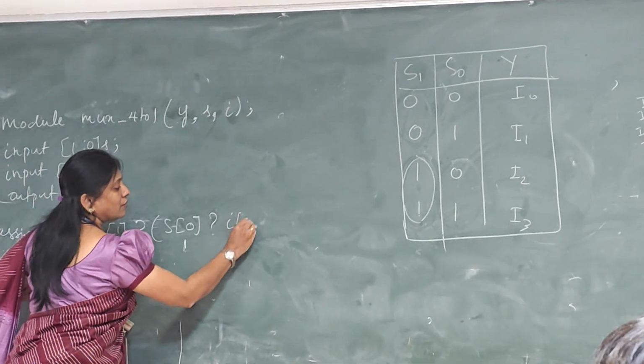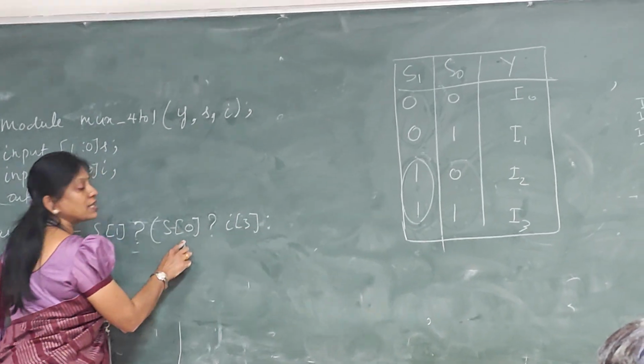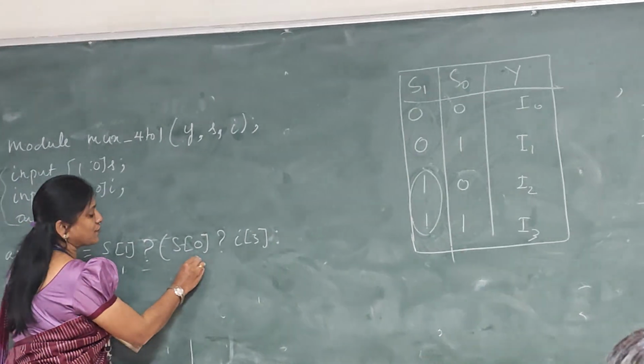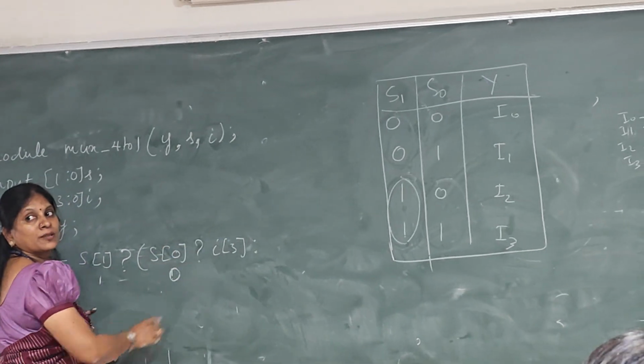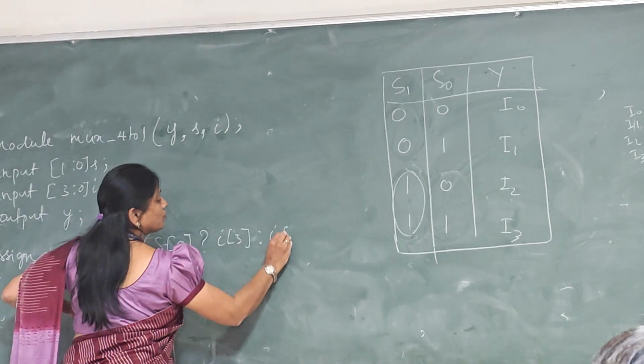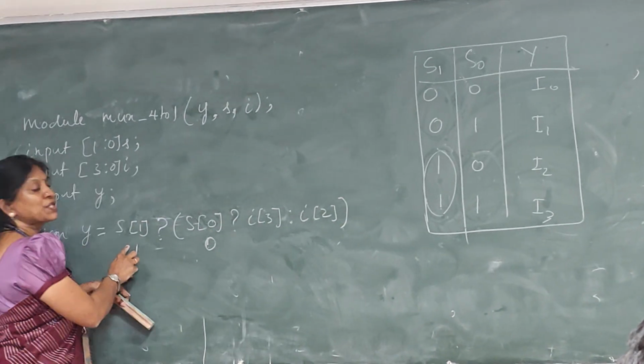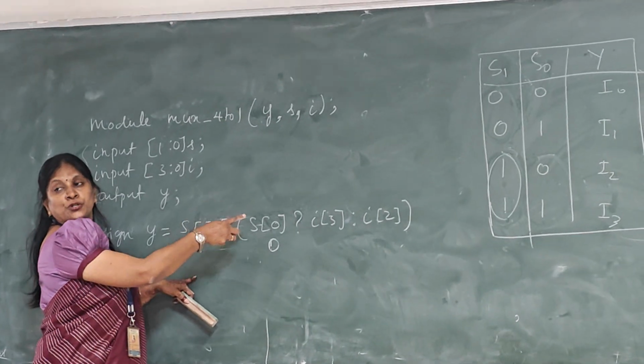I of 3. If it is false, so S of 1 is true and S of 0 is false, then what is your output? I of 2. So this is for S of 1 being true.